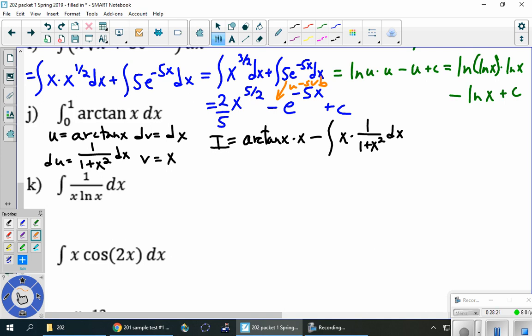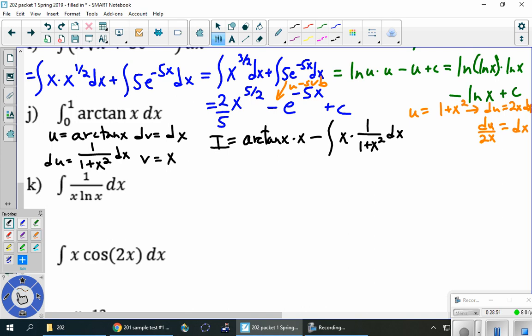Okay, so now we need to do this integral, x times 1 over 1 plus x squared. And this is actually another u sub. We're going to let u equal the denominator in this case, 1 plus x squared, because the derivative of that is just 2x dx. And then solving that for dx, we get du over 2x. And that's going to cancel with the x sitting in the front of this integral.